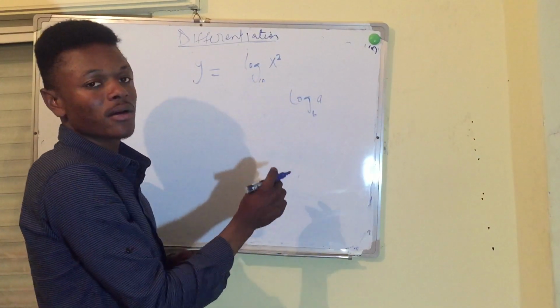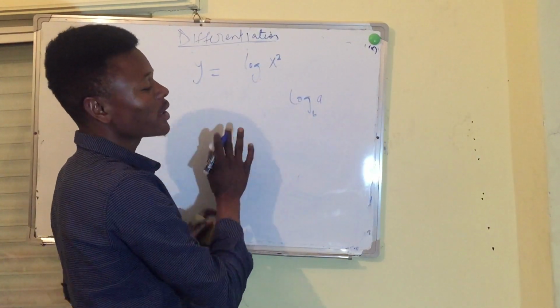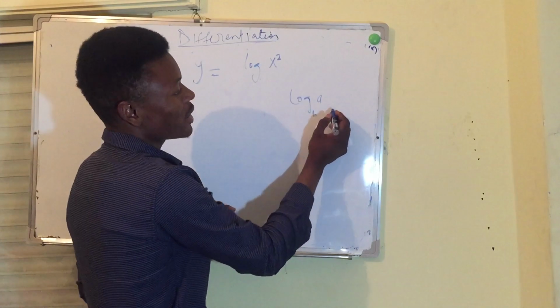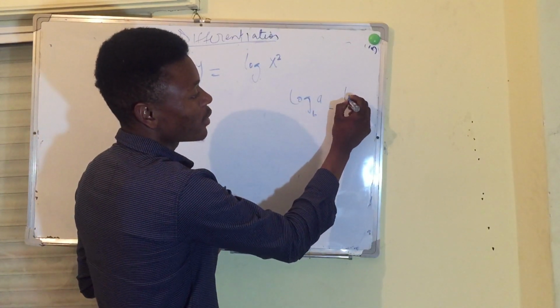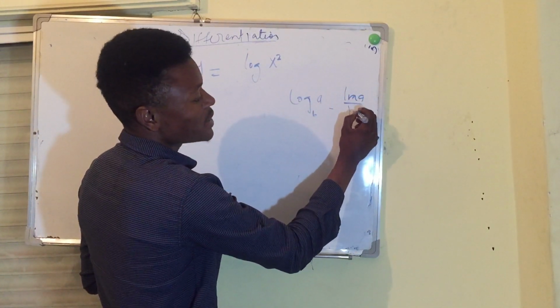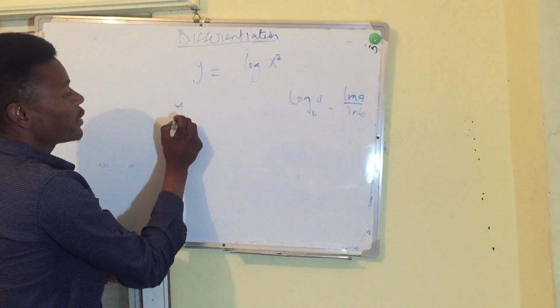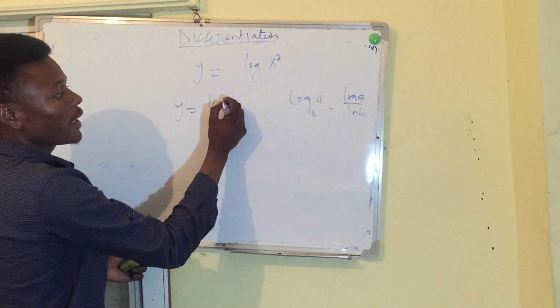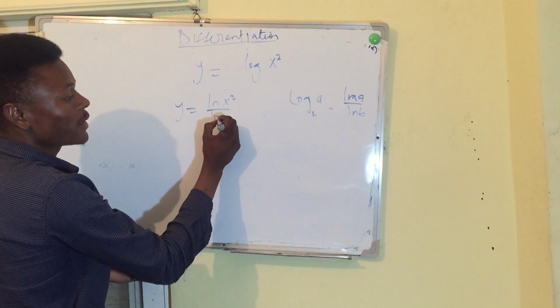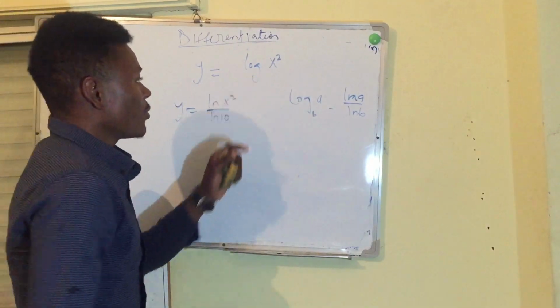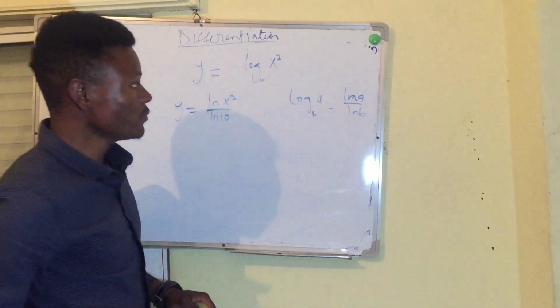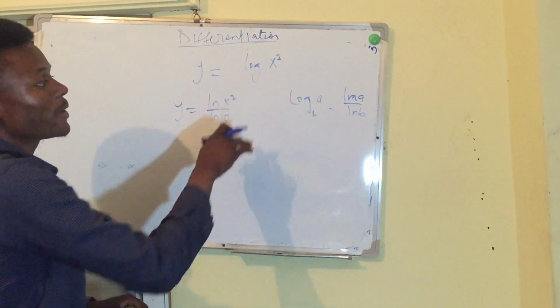So y is the same as ln x squared all over ln 10, because the base is 10, it is just not written.